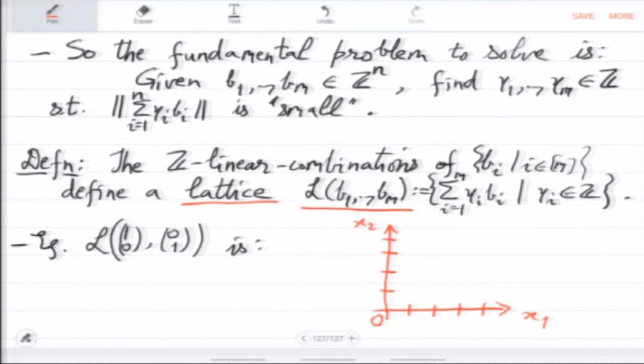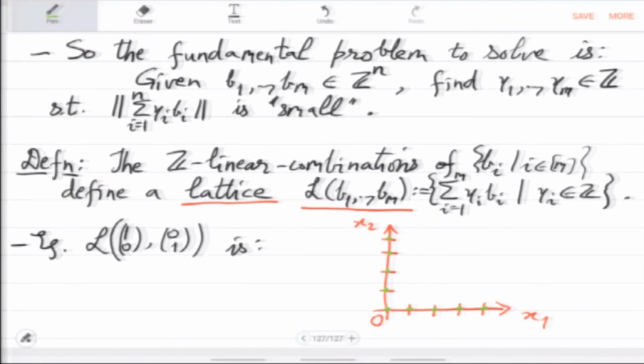So where will the lattice points be? Of course 1 0 is a point, and 0 1 is a point, and in their integral combination the origin is also there. So that is also a point. But then you can double 1 0, so this is a point, you can triple it, you can make it 4 times, and similarly in x2.